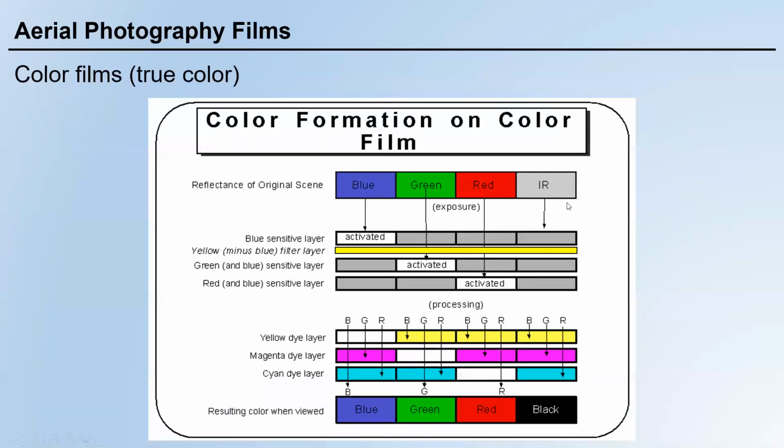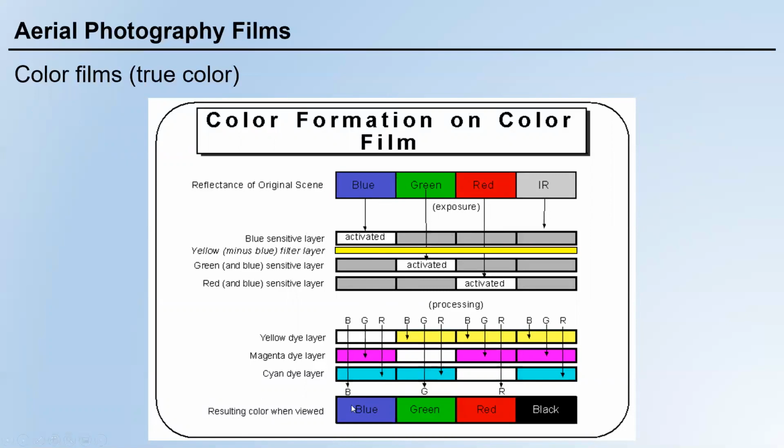And after that, when the film is exposed and you get the film back to the dark room, you are going to process the film, right? And the processing here is a little bit different from exposure, okay? So in the processing, you want to get the resulting color of blue.